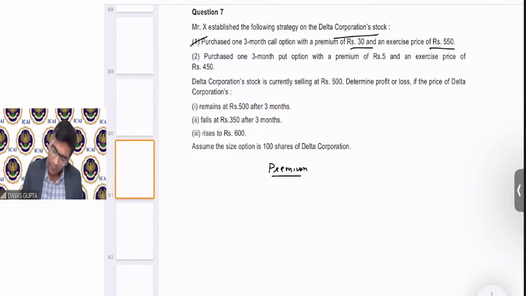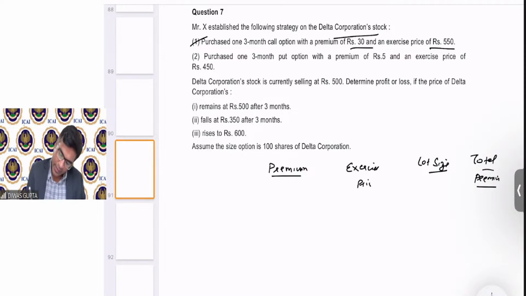Premium, exercise price, lot size, and total premium. So let's say a 3-month call option.